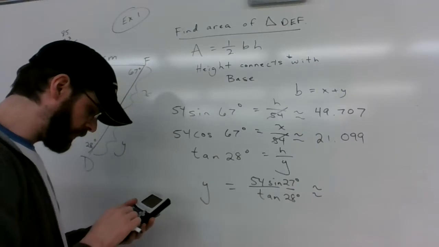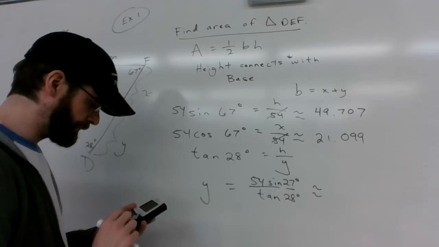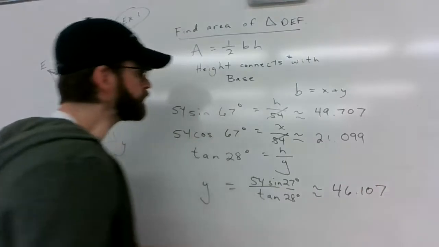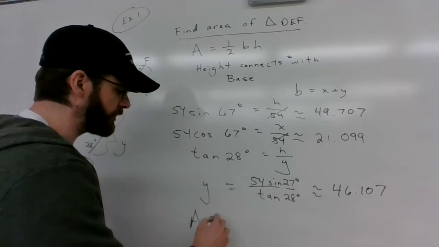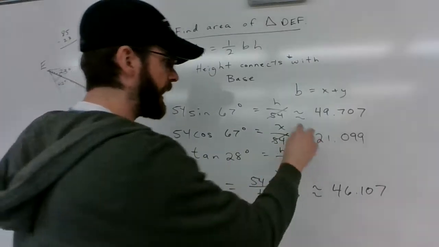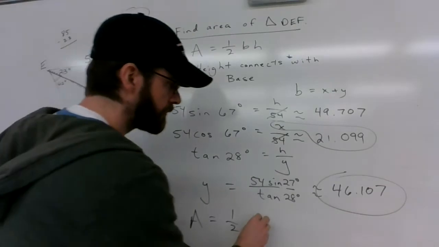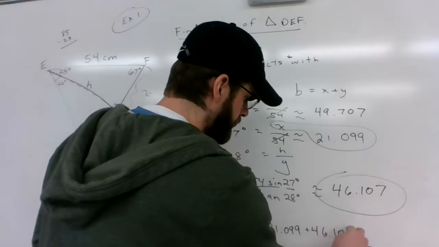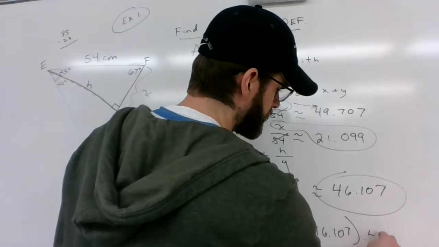And then this right here, Y, equals 46.107. So the area of our triangle here is 1/2 times the base, which is X plus Y, times the height, 49.707.